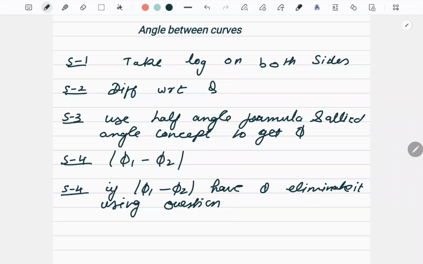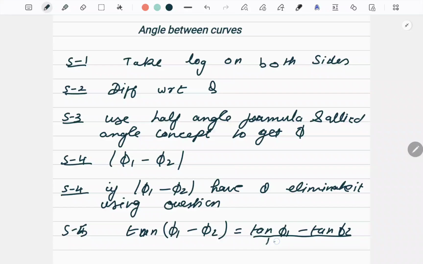Now sometimes you won't be able to extract the values of phi 1 and phi 2. In that case, you have to use the formula tan of phi 1 minus phi 2 is equal to tan phi 1 minus tan phi 2 upon 1 plus tan phi 1 into tan phi 2.